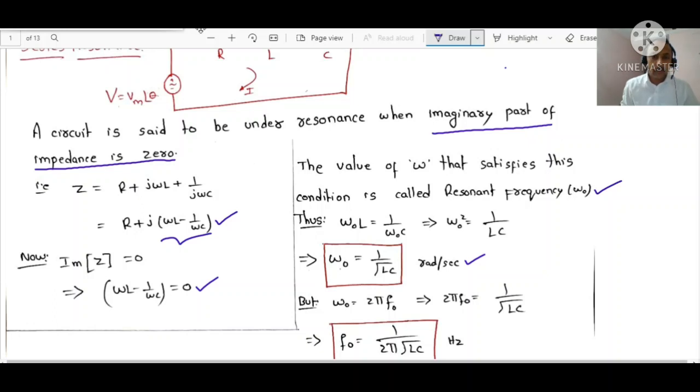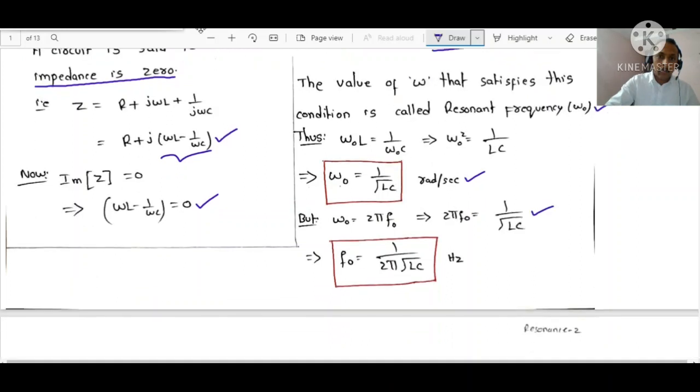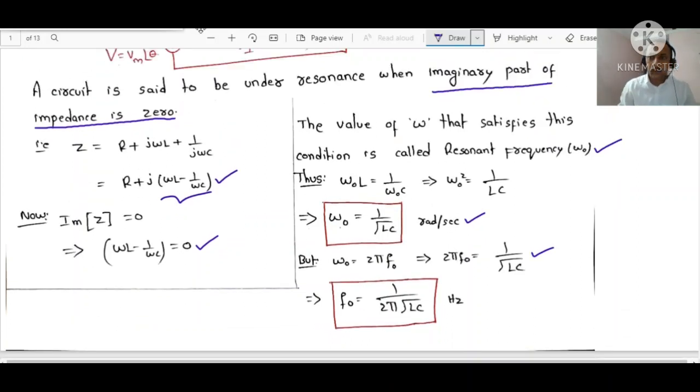Right? Now, we already know that omega naught equals 2 pi f naught. So 2 pi f naught is equal to 1 by root LC. Therefore, f naught equals 1 by 2 pi root LC. Very important, dear students. What are the units? Hz.